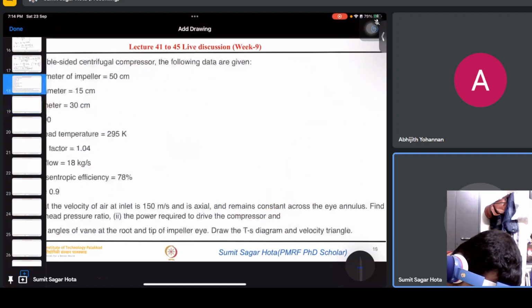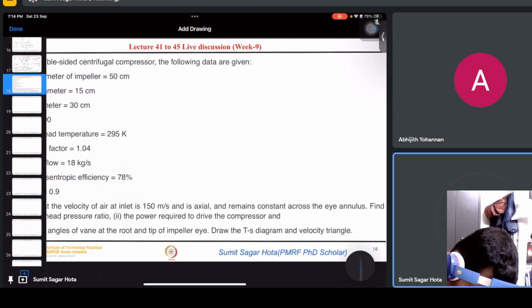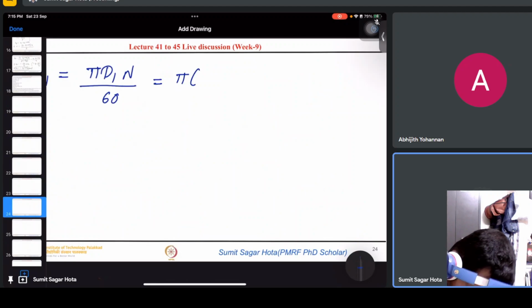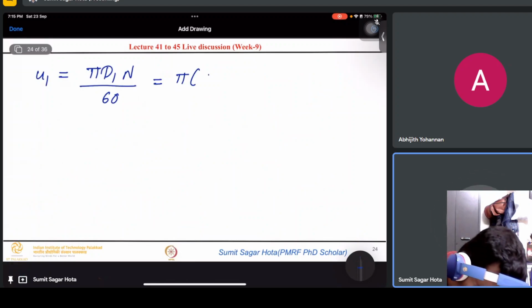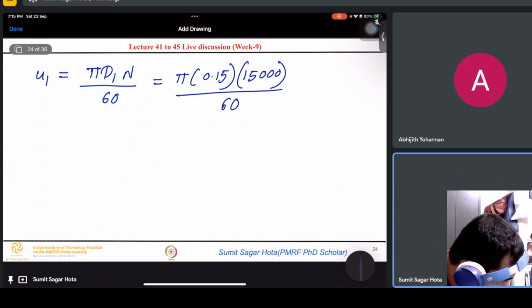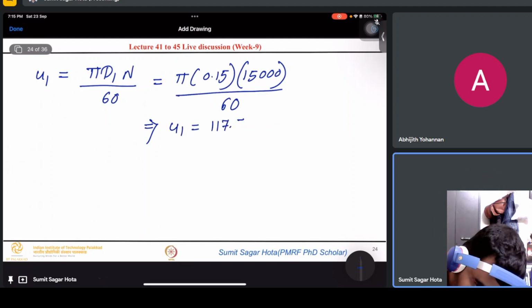D1 is 15 centimeter, which is your eye root diameter, so 0.15 meter. What is n? 15,000 rpm divided by 60. If you solve it, you get U1 as 117.75 meter per second.